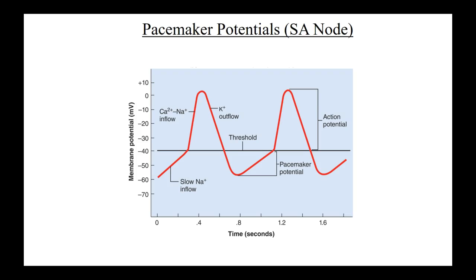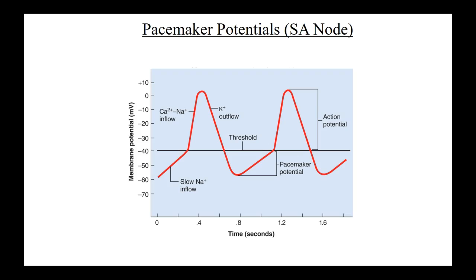It turns out there are channels that get stimulated to open right after this repolarization. As soon as it gets repolarized, there are channels that open, and they are sodium channels. Remember, sodium is higher outside of the cell or inside of the cell? Outside of the cell. So if we open those channels, what happens to the membrane potential? It depolarizes.